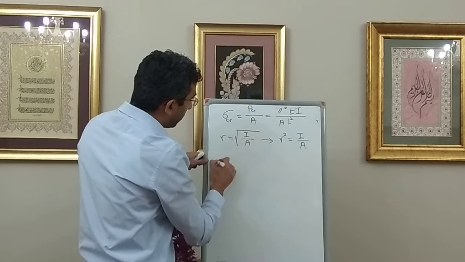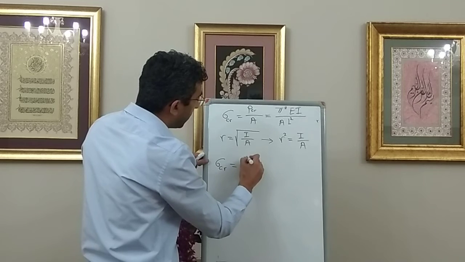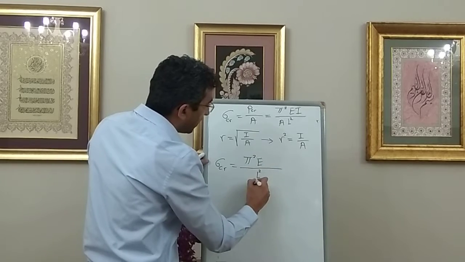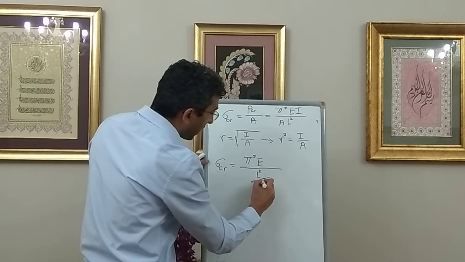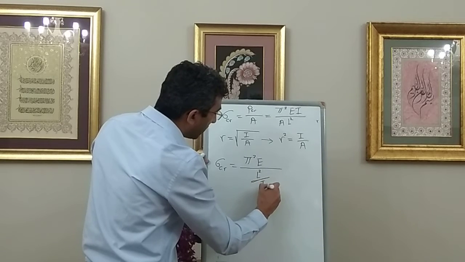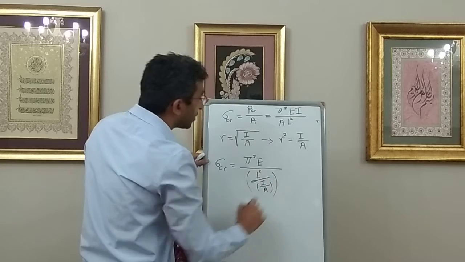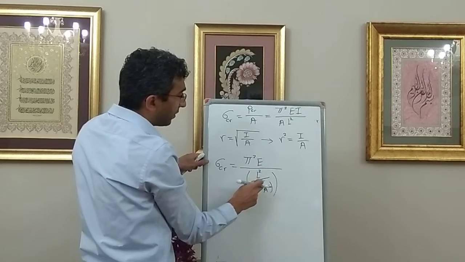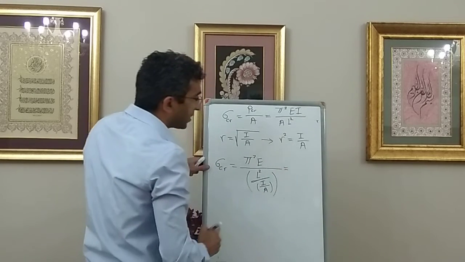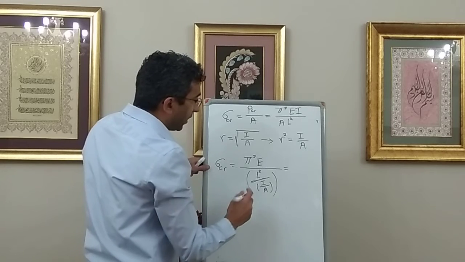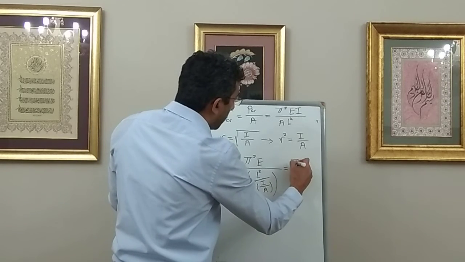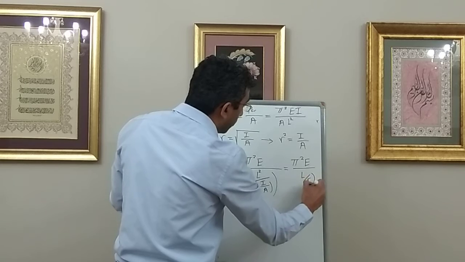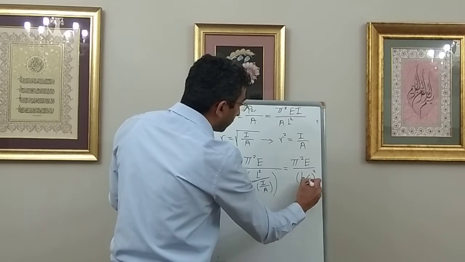So I can write that the critical stress is equal to pi squared times E divided by L squared, and this is divided by I over A. So the critical stress is equal to, this is R squared, so it is pi squared E divided by L times R, all squared. Okay, because it's R squared.